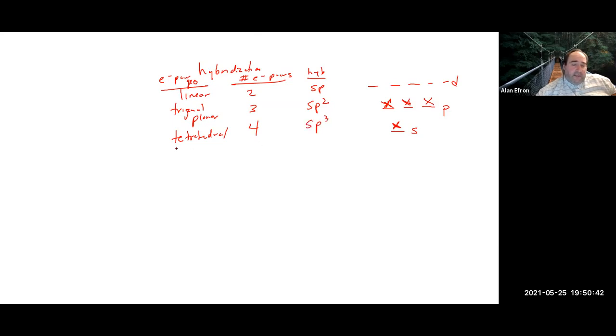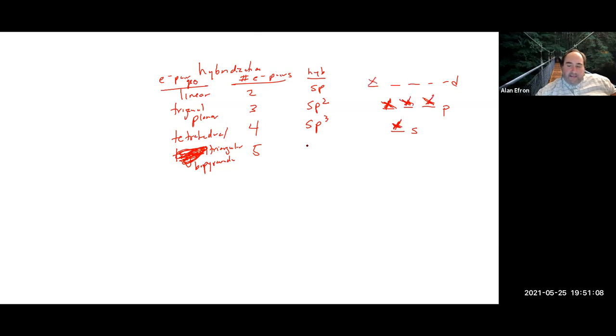Then we got some of those exceptions to the octet rule, like trigonal bipyramidal. I spelled that wrong. Bipyramidal. It's triangular, I believe. And that is 5 electron pairs. So again, starting at the s, 1, 2, 3, 4, and 5.